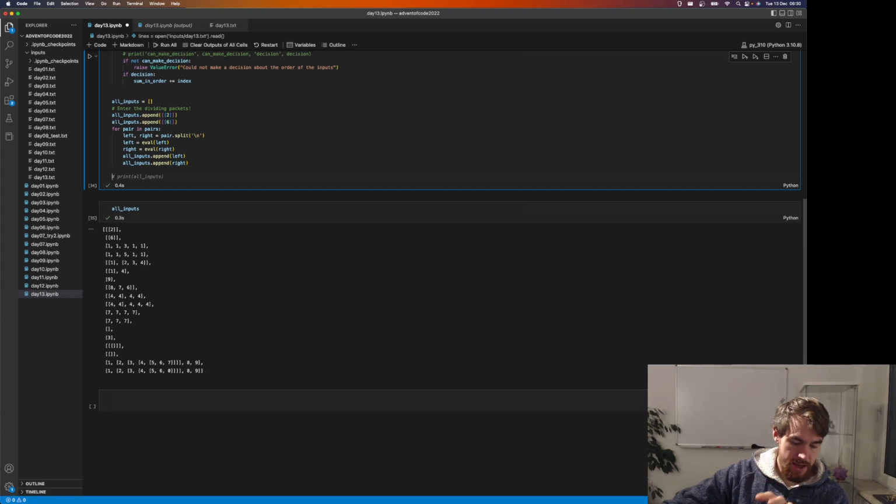I know you can sort things based on key. I know that you can pass a function to sort. But I currently do not remember the exact documentation there.